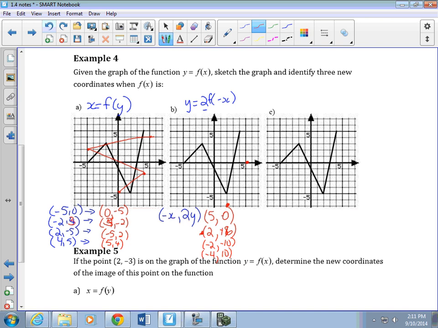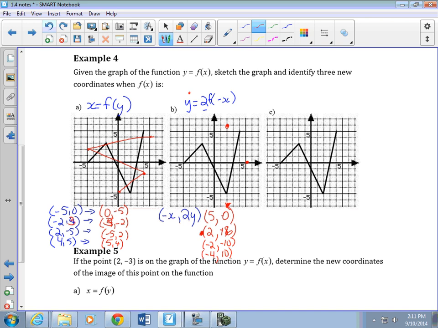That's a positive 6. Oh my goodness. So that one's not there at all. It's up here. Okay, so 2 and positive 6, not negative 6. Negative 2 and negative 10. So that's still going to be somewhere right there. And then the last one was at negative 4 and 10. Negative 4, positive 10. So it'll be like up here.